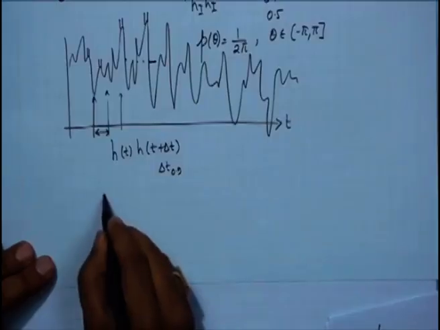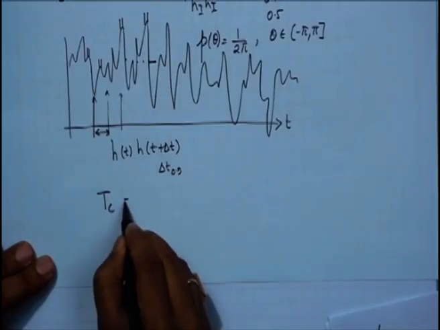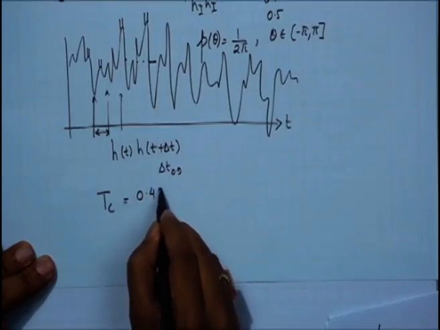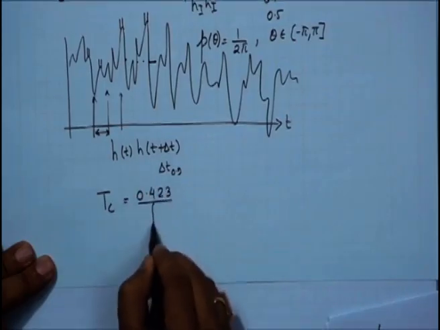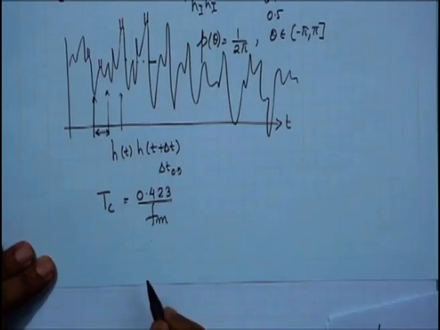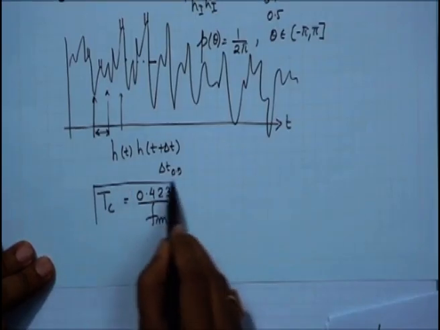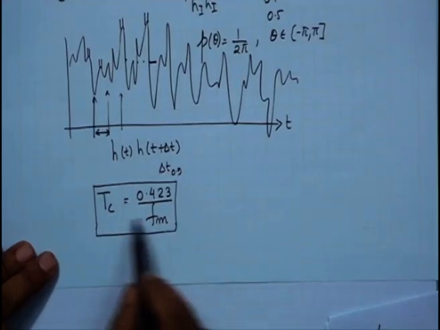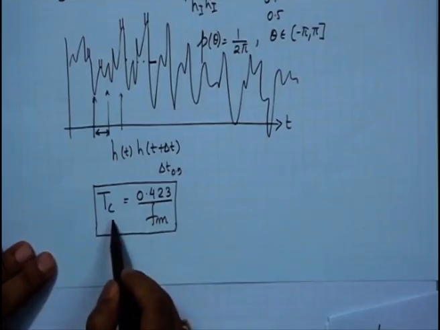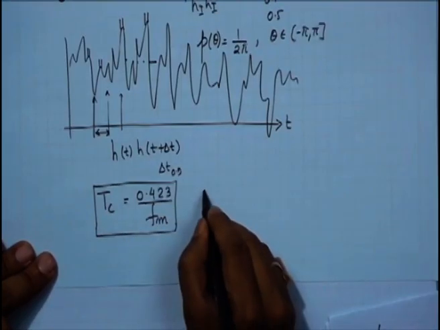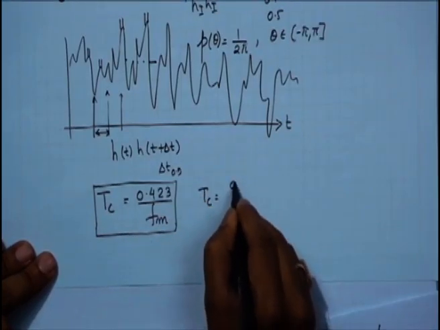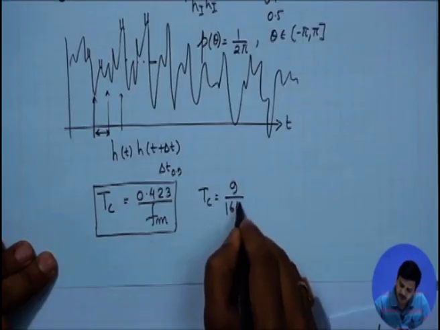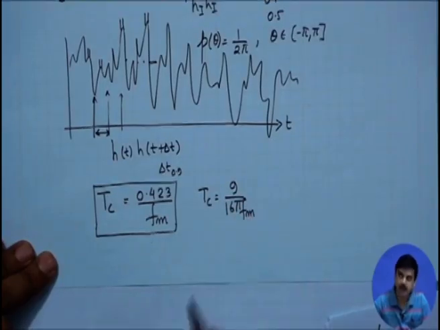There is a rule of thumb for coherence time, which is mentioned as 0.423 by Fm. If you use this particular formula, you would get a rough calculation of the coherence time for a particular signal. A little bit stricter definition of coherence time would be 9 by 16 pi Fm.